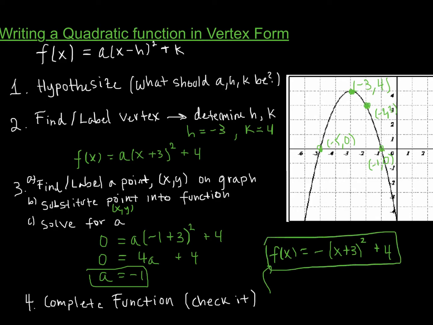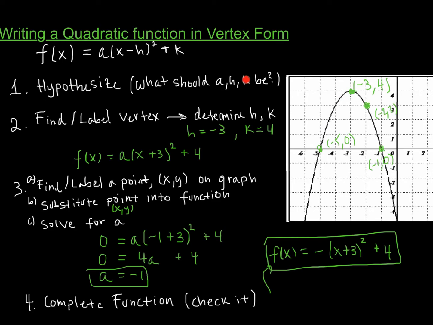Now, I want to check and make sure that this is the correct function. There's a couple ways that I can do this. The first is just to go back and remember when I hypothesized what my a, h, and k values should be. I want to make sure that those are in line with what I ended up finding. I found that my a value was -1, and remember when I hypothesized I said a should at least be negative because this is an upside down parabola or a downward opening parabola.